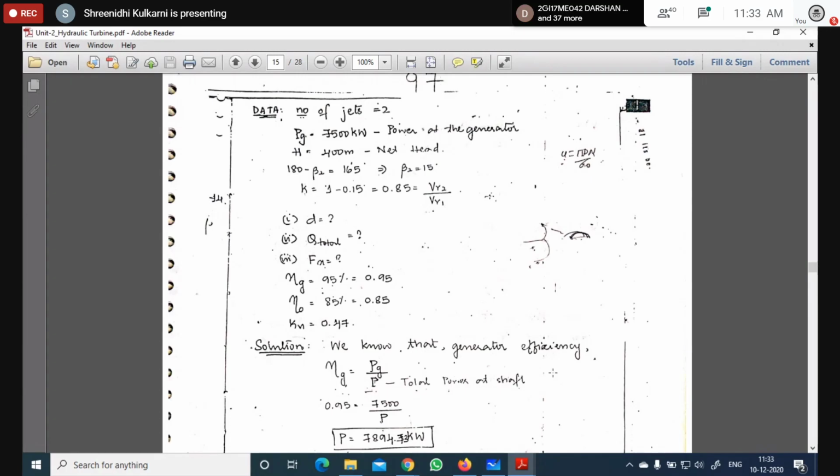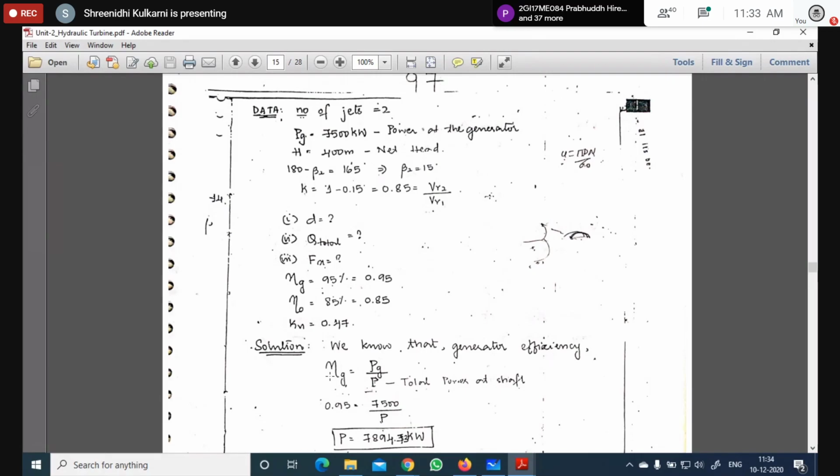We know that the generator efficiency is the ratio of generator power to the total power at the shaft. This we already discussed in the PPT, in the efficiencies.